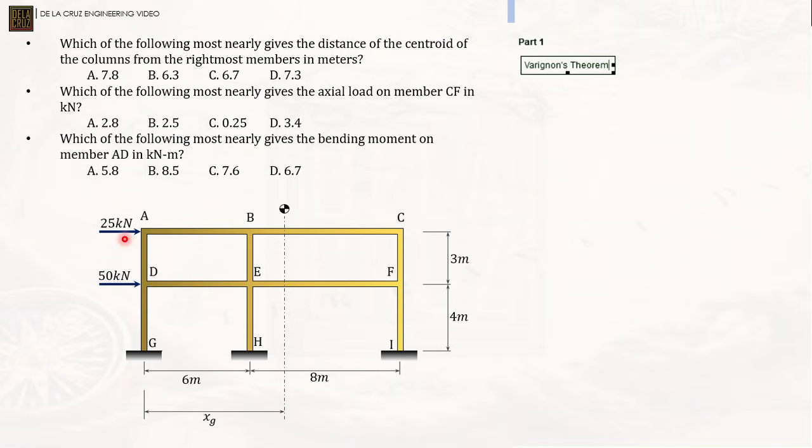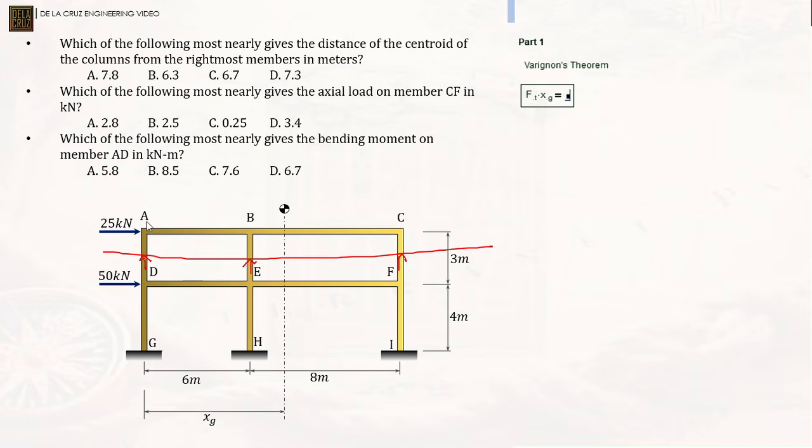We cut it here, then there are acting forces there. Now, using Varignon's theorem, with reference from the leftmost side, it would basically be like this: the total force, Ft, times XG, our location from the reference axis, must equal the corresponding moments of these forces from the reference axis.